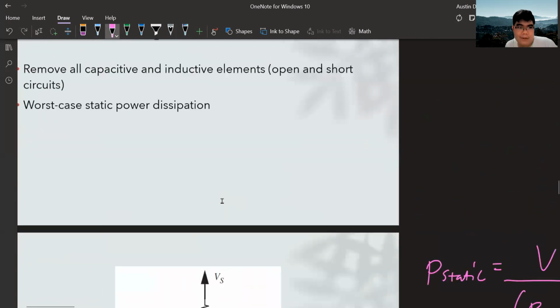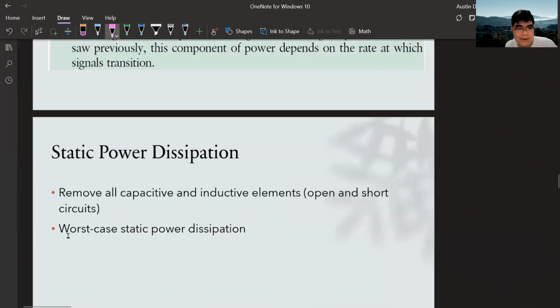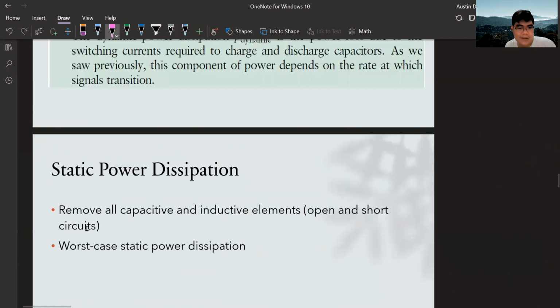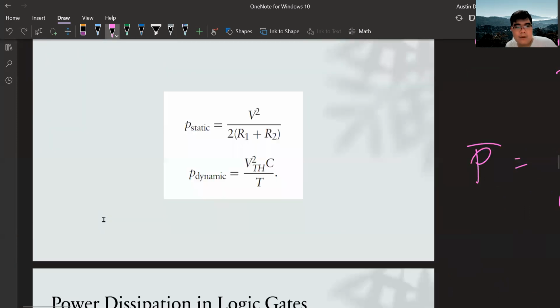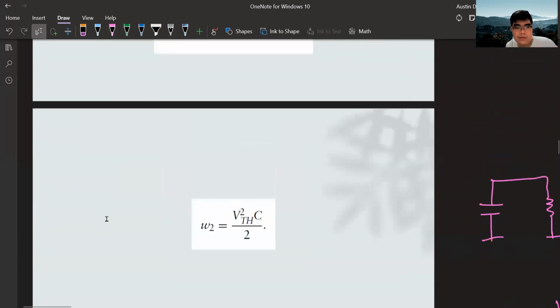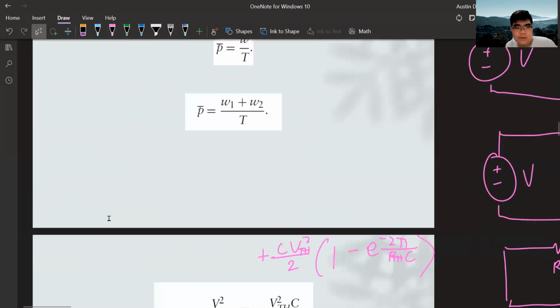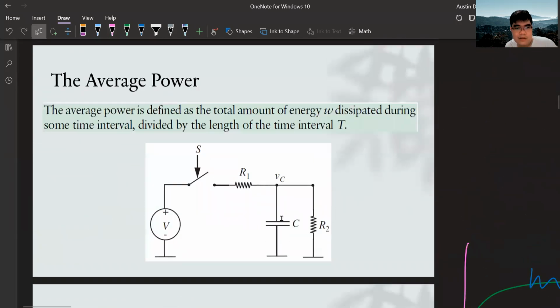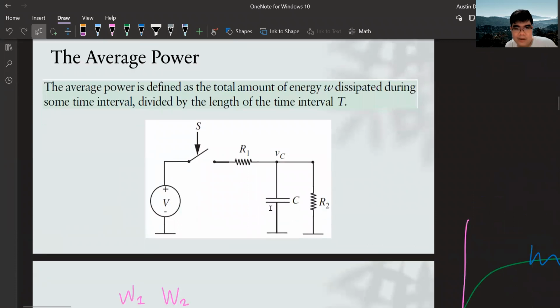So maraming way para makuha yung pero ang gawin natin worst case static power dissipation. Okay, applicable kaya yun dito. So, try natin apply dito. Pag pinatay natin to, yung short circuit lang, maging open circuit lang to.